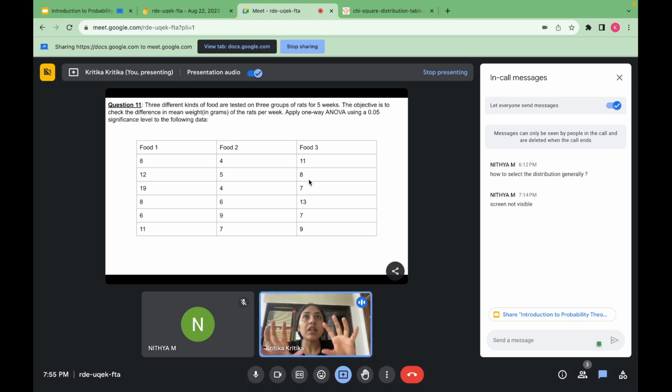So for different tests we use different distributions, and within the same frame of questions where we are analyzing the mean of samples, we use either the Z or T test depending on whether the population variance or the sample variance is given.